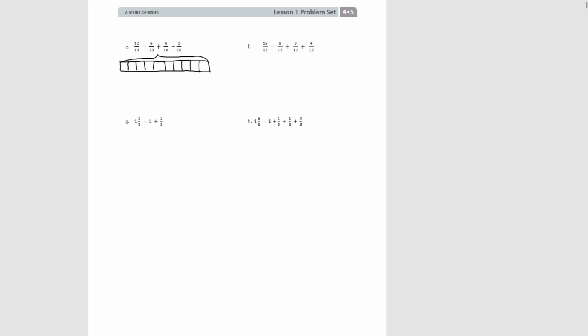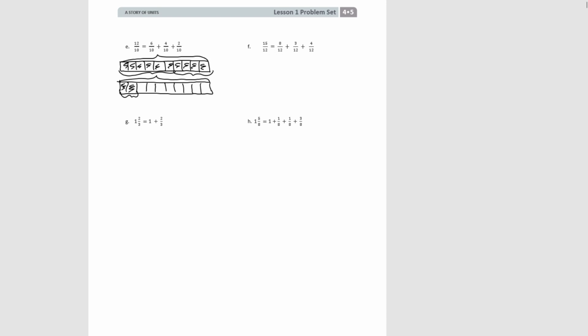In order to get 12, we're going to have to draw a second exactly the same size to represent a second 1, divided the same way and the same size. So to show 12 tenths, we do 10 tenths, and then 11, 12. And we're first grouping together 6, and then 4, and then 2.